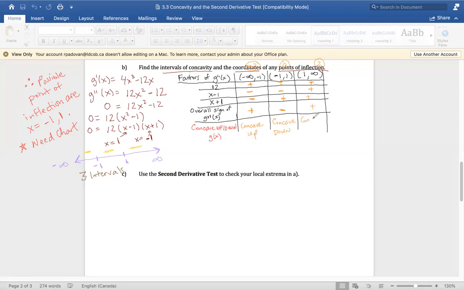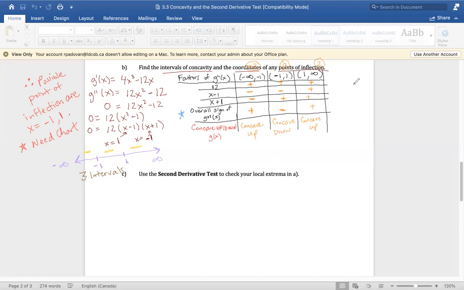So what information is this chart giving me now? Possible points of inflection. So what I want you to look at, put it in blue here, is if you remember on our first page, we said that if the signs change. So what I'm looking at is actually this row, the overall sign of the second derivative of x. See how it's changing the sign from positive to negative, and then it's changing from negative to positive?